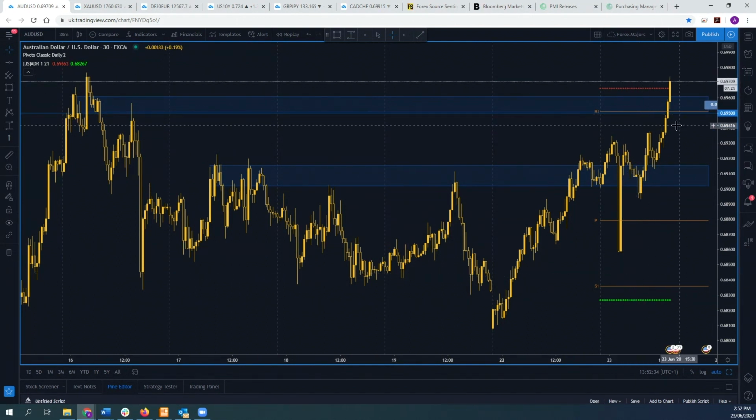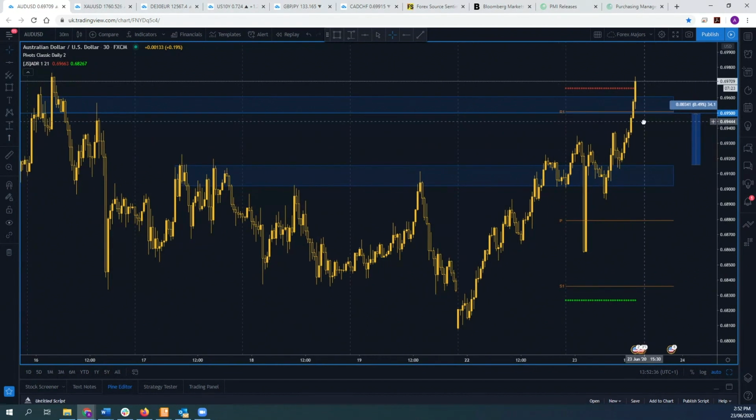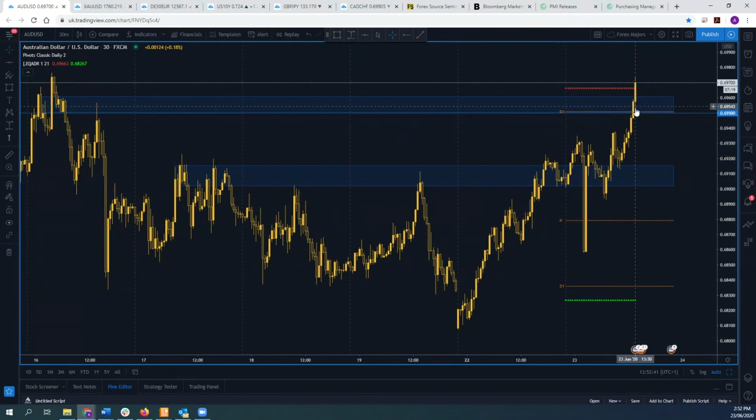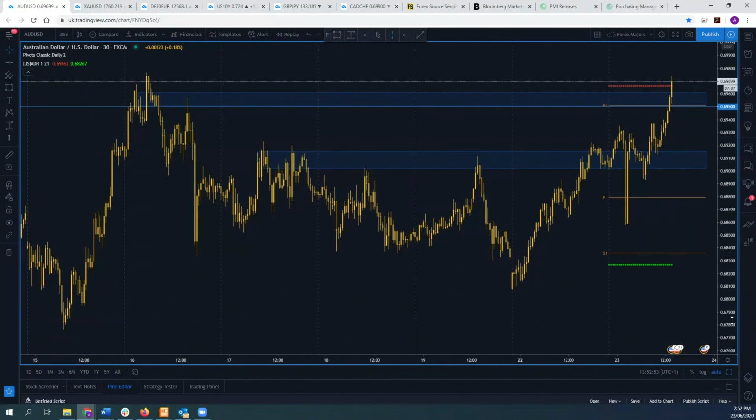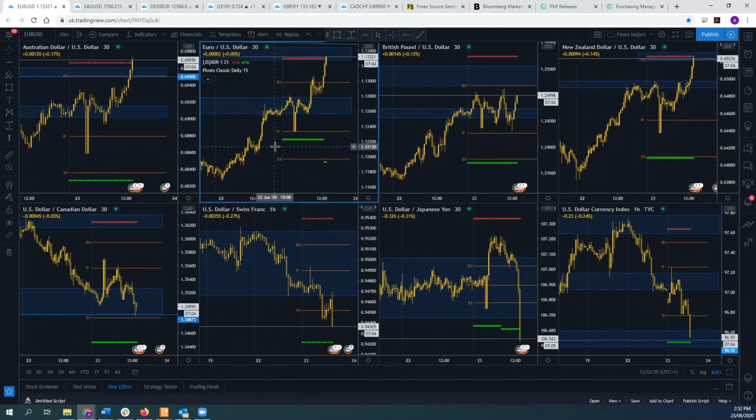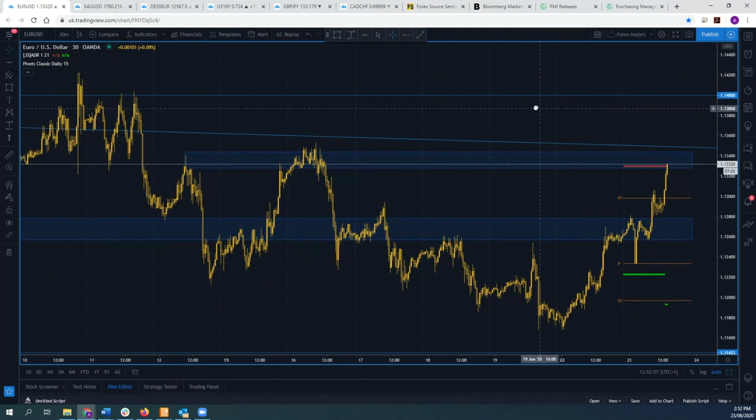So this offered us a high probability area to look for some profit. Of course, yes, in hindsight, we saw the market slice straight through that level, and that will sometimes happen. But we're happy to take off our trade for a 30 pip profit with this type of daily sentiment trade to the upside.